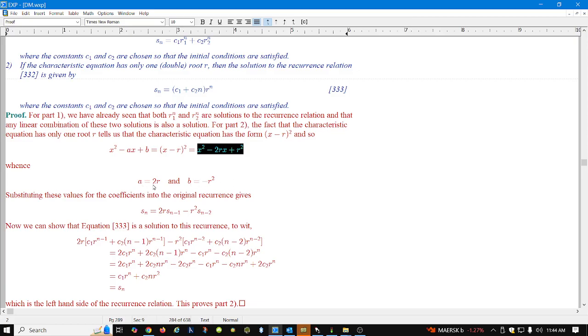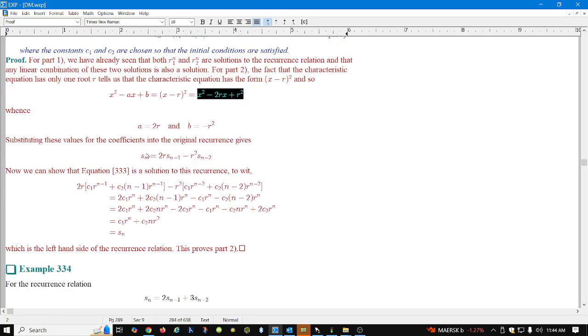So a is 2r, b is negative r squared. Substituting this into the coefficients, the original recurrence gives us this recurrence relation. So that's the form of the recurrence relation when the characteristic equation has a double root r.